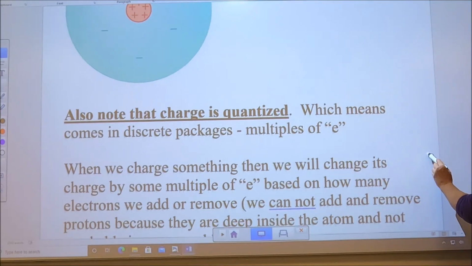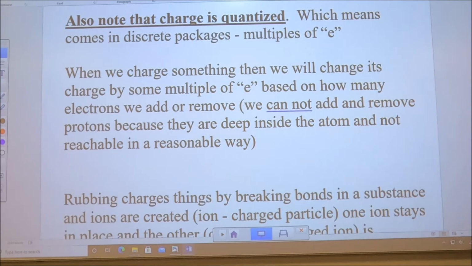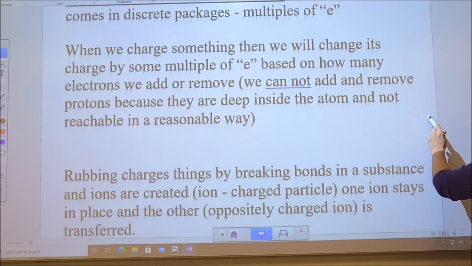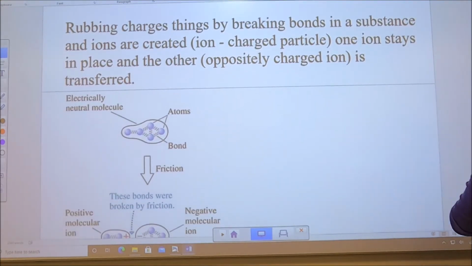Now, when we charge something, we're essentially adding electrons or removing electrons. You cannot add or remove protons. When we rub things and we charge them through friction, what we're doing is actually using the frictional force to break bonds.